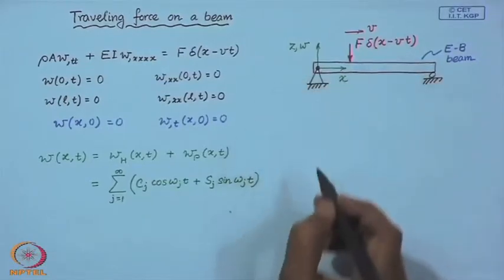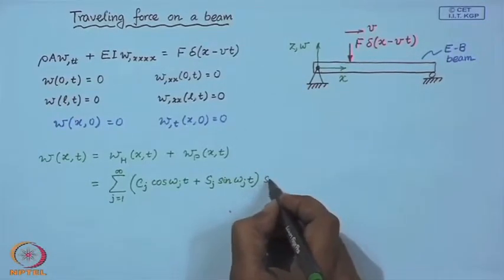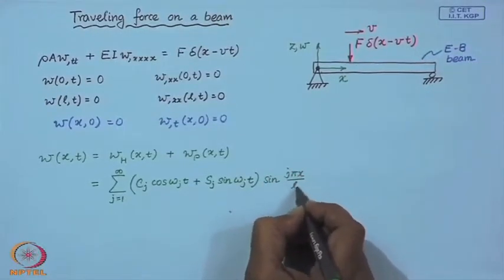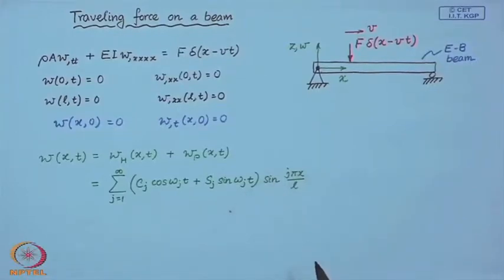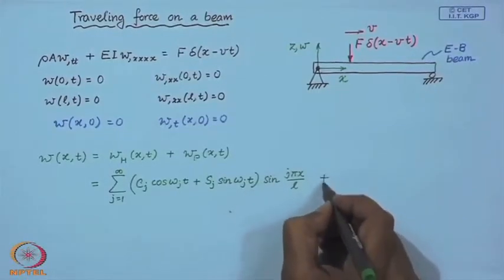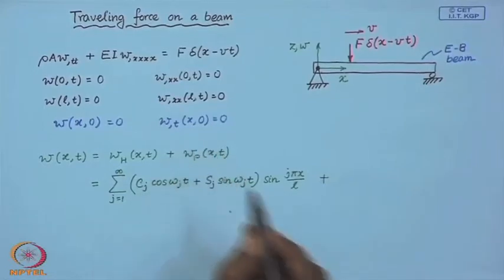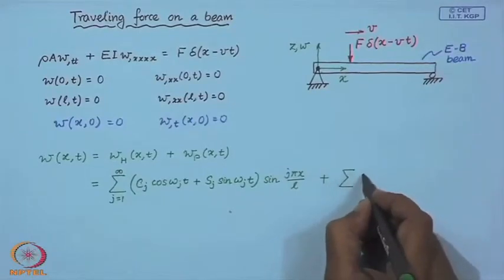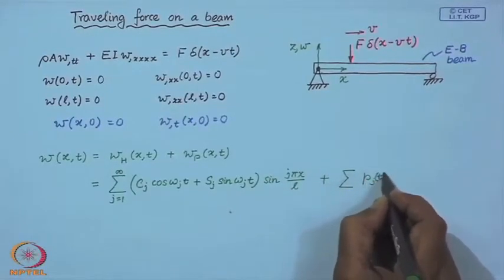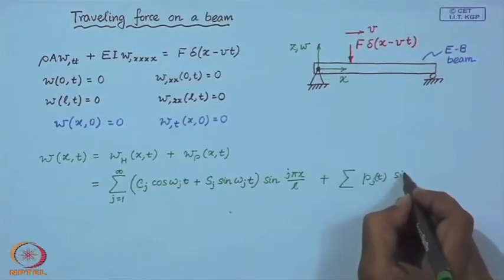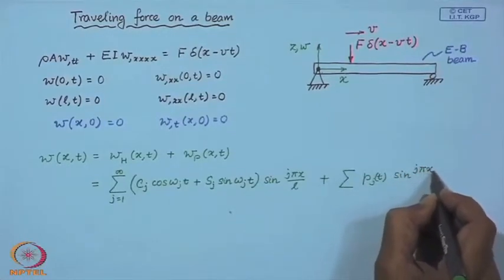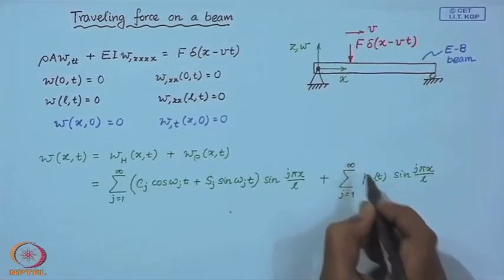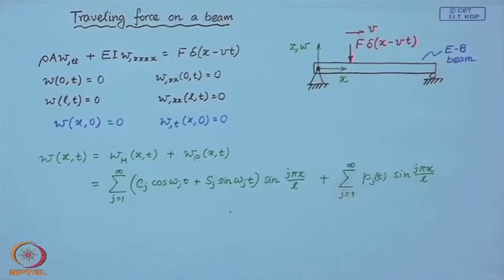This is a simply supported beam, therefore, the eigenfunctions are sin j pi x over L. This particular solution also we can expand in terms of these eigenfunctions along with these modal coordinates.